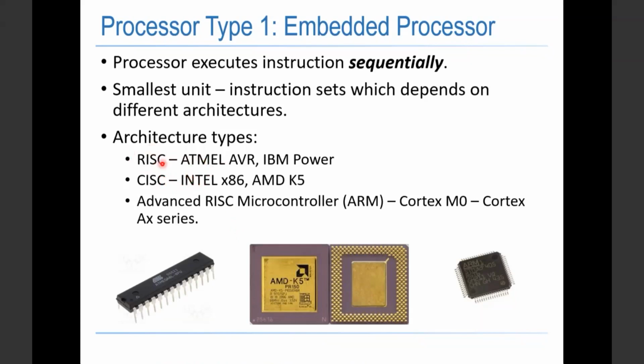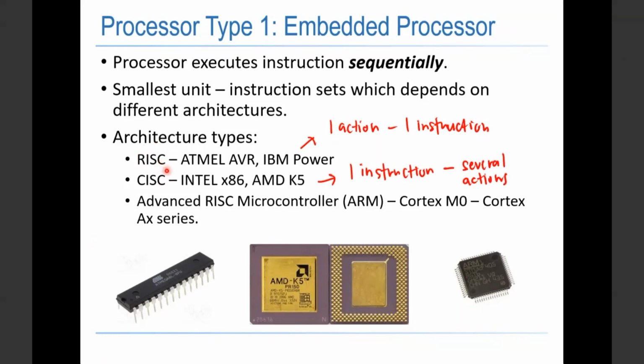Compared to RISC, it is one action, one instruction. But for CISC, you have one instruction, but it can execute several actions.